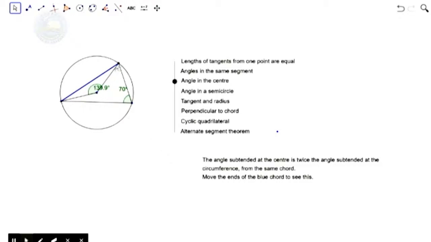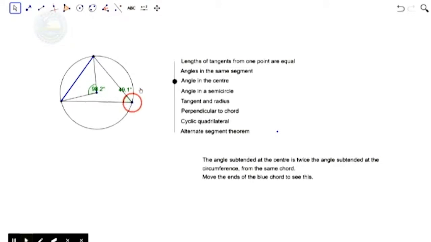So if we have a chord, and again we're using our blue line as a chord, then the angle subtended at the center is going to be double the angle subtended at the circumference.